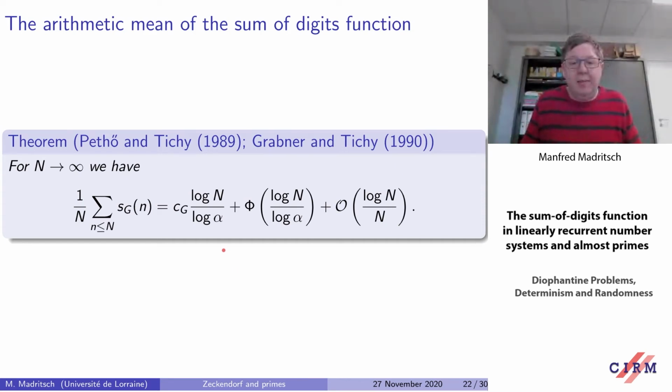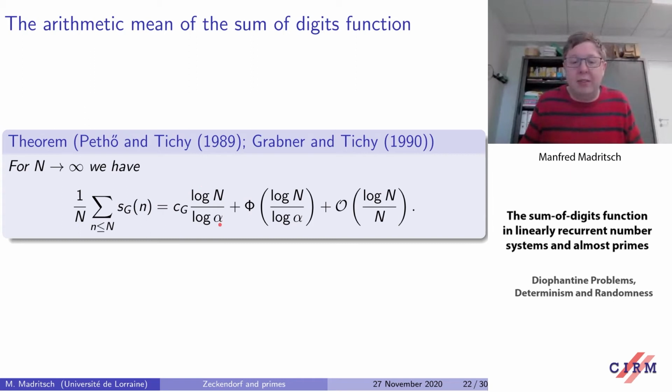And similarly to the q-adic expansions, where you have powers of q, here the elements of G are roughly like powers of alpha.